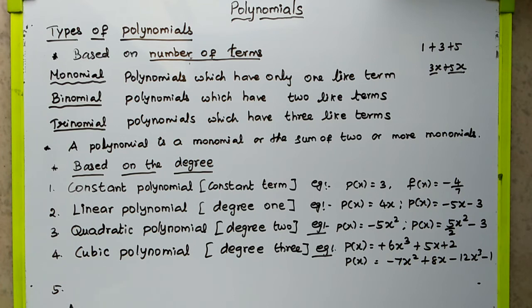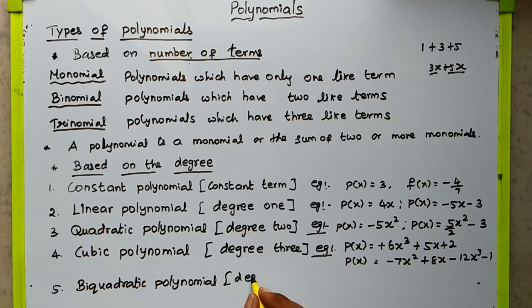Next, biquadratic polynomial. Biquadratic polynomial, the degree is 4. Highest degree is 4.